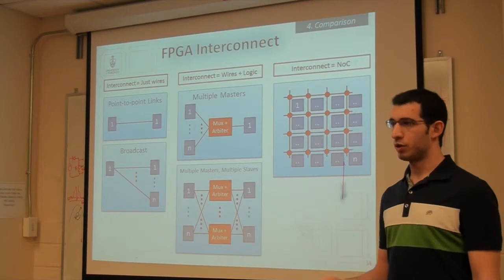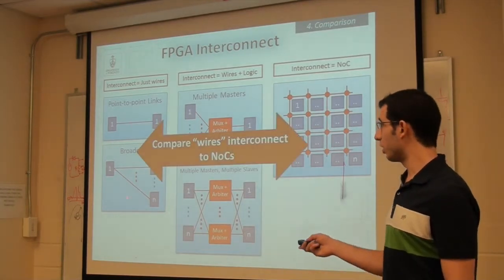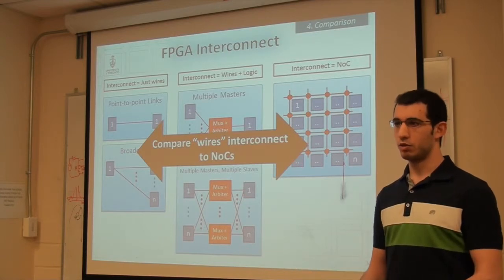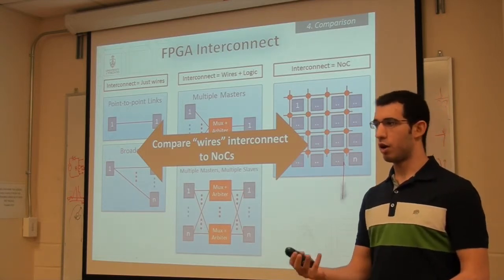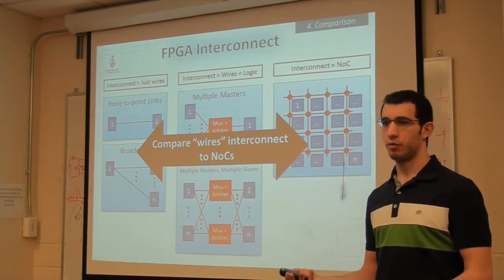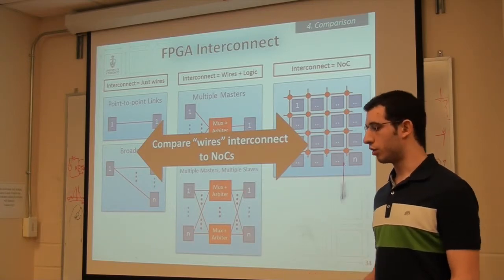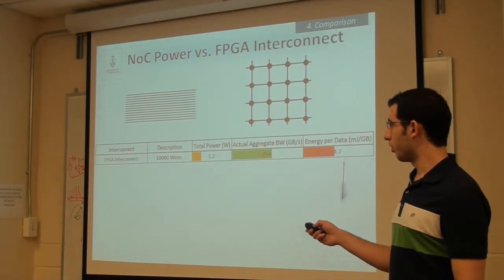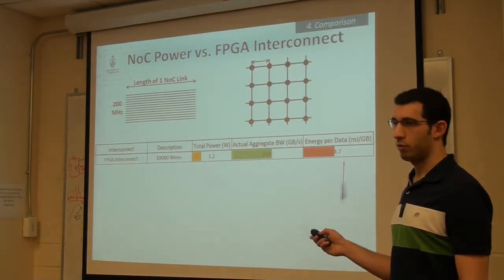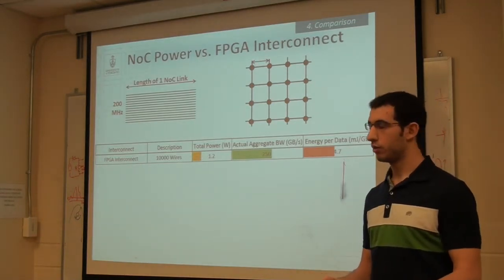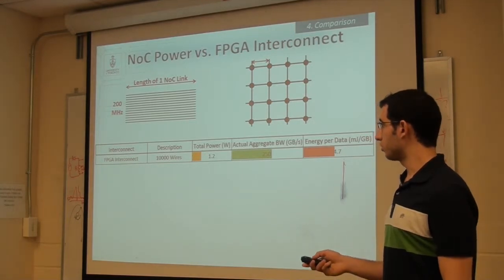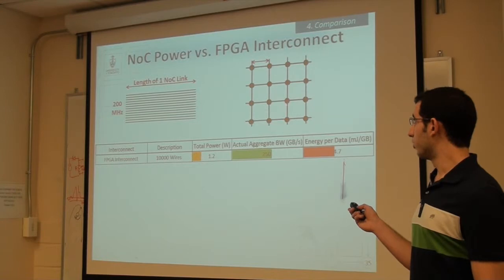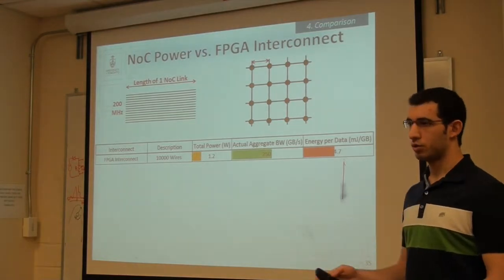So in this first comparison, we compare just wires, the simplest form of interconnect, versus the NOC, just to get a sense of the raw efficiency of the network on chip and how it fares against point-to-point links. We're comparing a bunch of wires here. Each one of them has the length of one NOC link, and they run at 200 megahertz, which is a reasonable frequency for system-level communication, versus a full-fledged NOC.